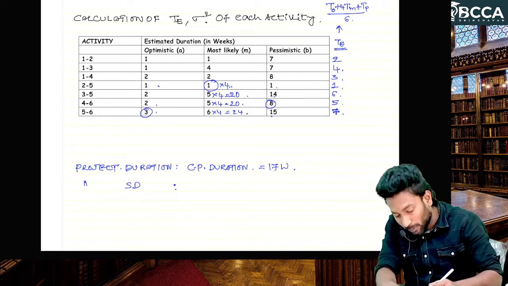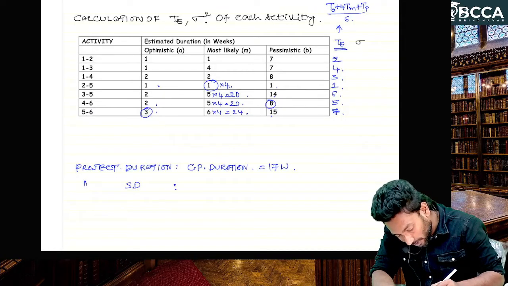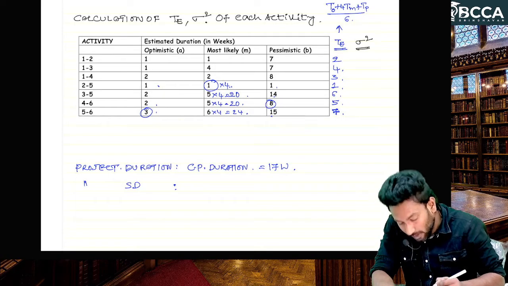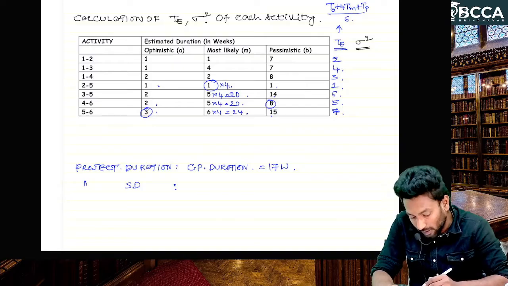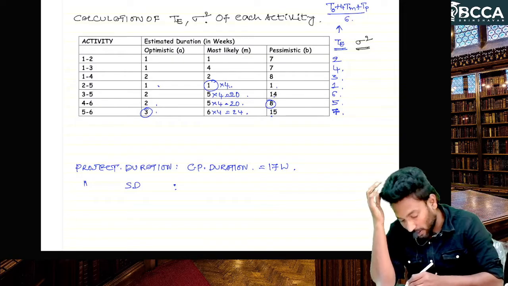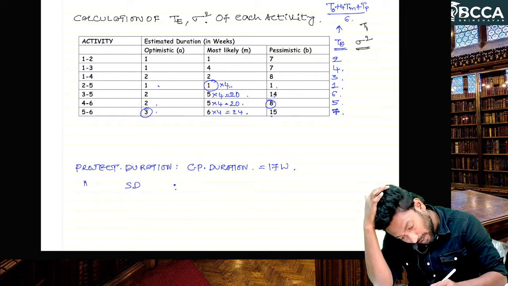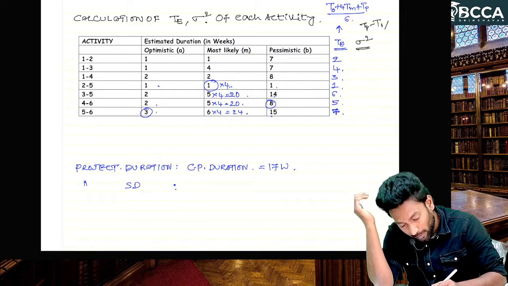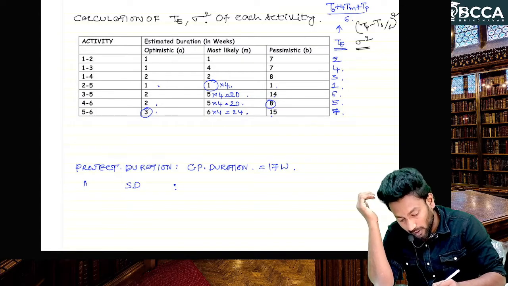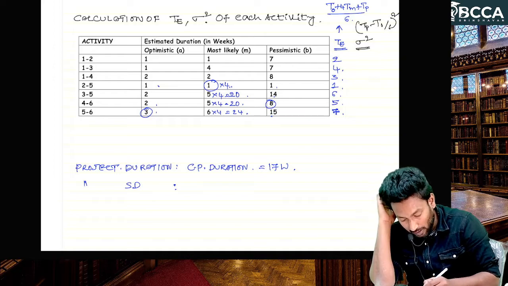Sigma square. So what is the formula, sir? To calculate variance: TP minus TO divided by 6, whole square. Now let us calculate.